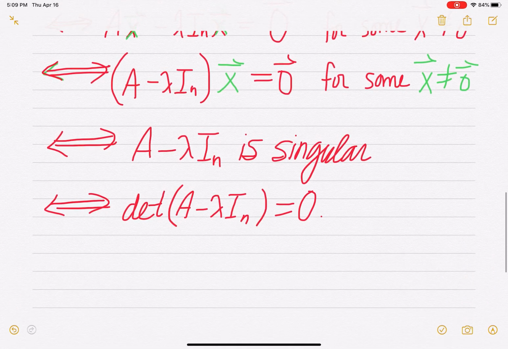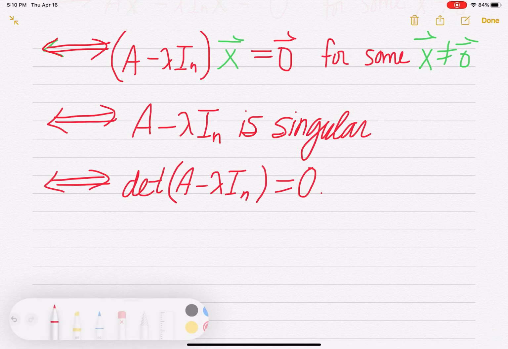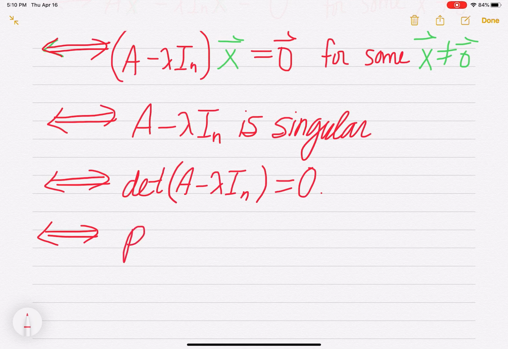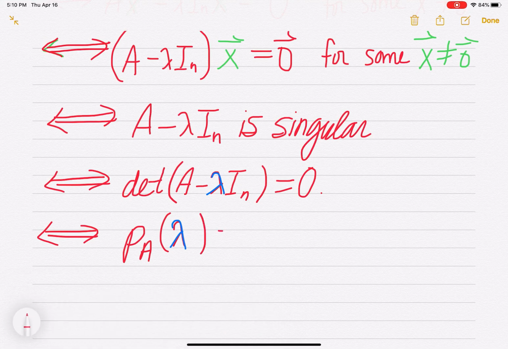But wait a second, what's another name for the determinant of A minus lambda I? This is just a fancy name for determinant of A minus lambda I. That's the characteristic polynomial of A evaluated at what? Lambda, right? So rather than x, we just have a number lambda plugged in place of the real variable x. So that's the proof.